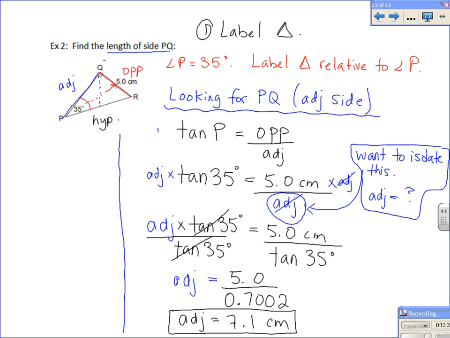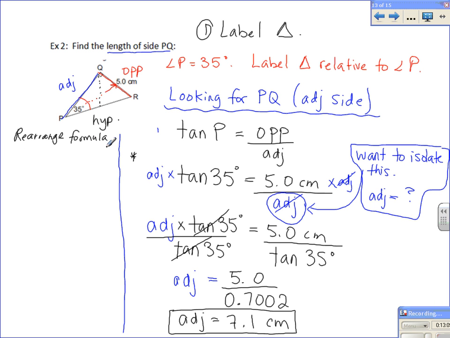I want to show you one other way to rearrange this formula. Coming back to this question, you can write this either to the side of your notes, or on the back of your notes, or on a separate piece of paper if you've got one handy. The other way that you could rearrange the formula is by using cross multiplication.